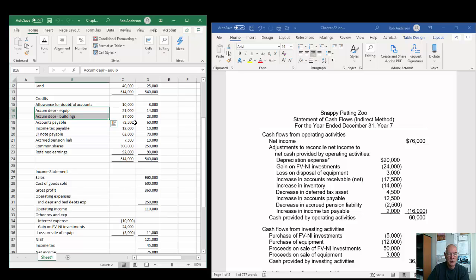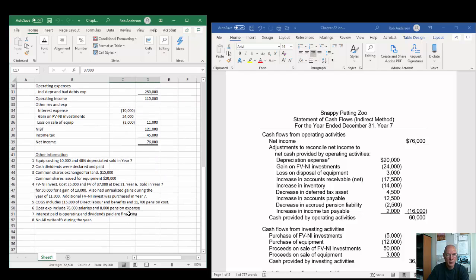And you're going to find this with buildings. For example, this represents a $9,000 increase in accumulated depreciation. You didn't buy or sell a building, so that $9,000 increase is simply $9,000 of depreciation for the year. So if you don't buy or sell anything, it's pretty simple. However, we did.